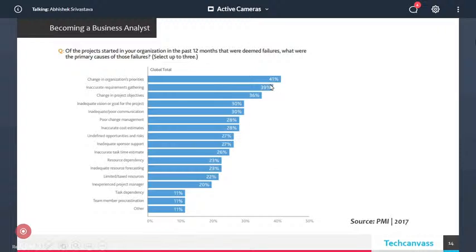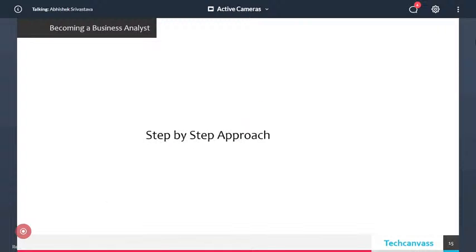So, this led to the understanding that we need to spend more focus on somebody or some role who can work with the customer on getting the requirements right and engaging them in the project so that even if there are changes, they can be managed better. That has led to the growth of the role of a business analyst.